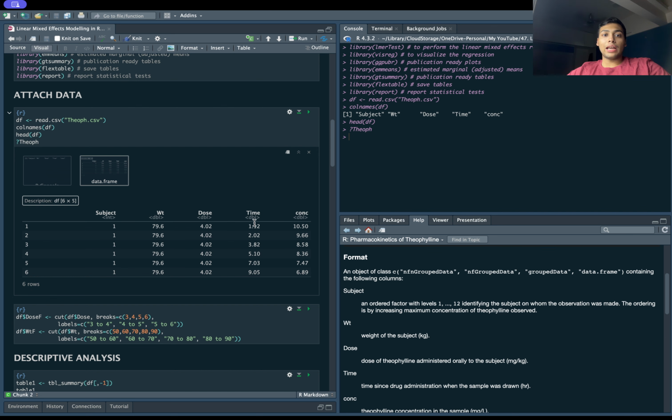So as you can see, over time points, data has been collected for subject 1, 2, 3, 4, and concentration has been noted down of theophylline. And basically we want to see how does the concentration change over time. That is our basic research question. So how does the concentration change over time for this drug in patients?